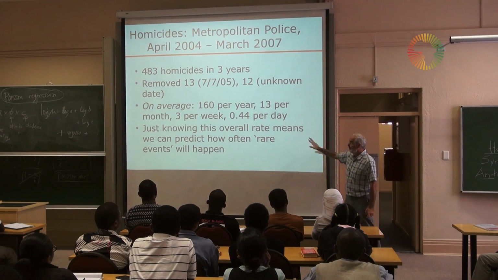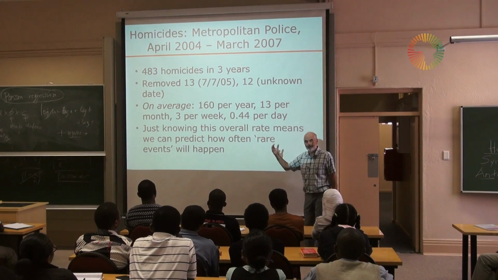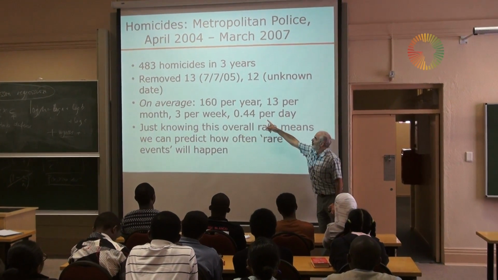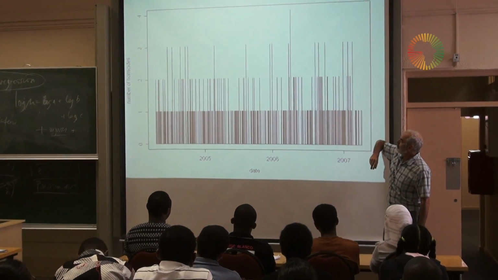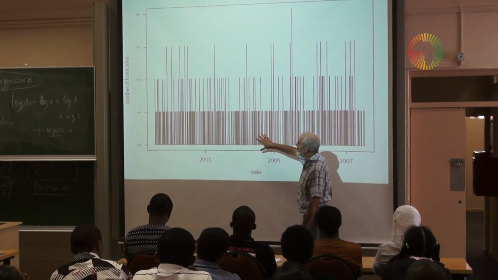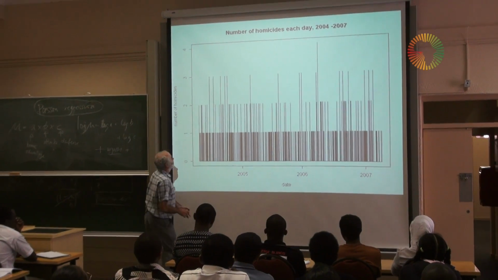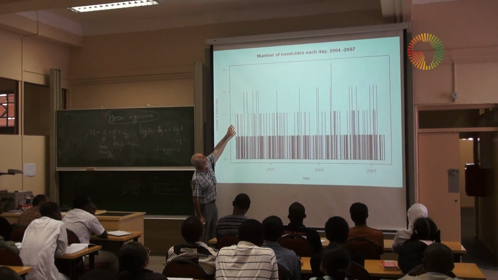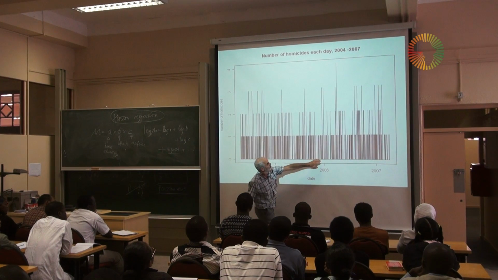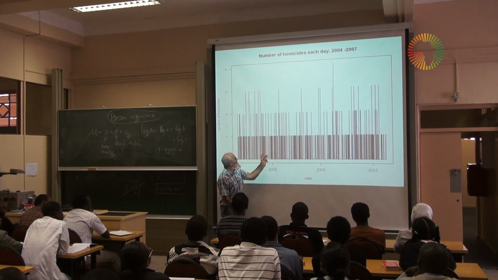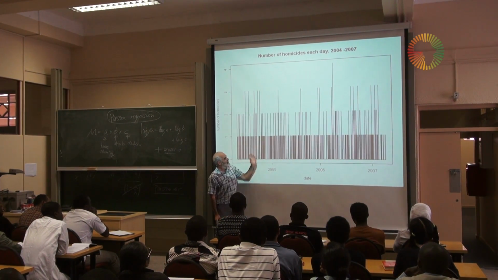So this is a test of, do murders follow a Poisson distribution? We know this is the overall mean. Now, this was the data for every day, how many murders there were in London, whether there's 1, 2, 3, or 4, or none at all, over these 3 years.